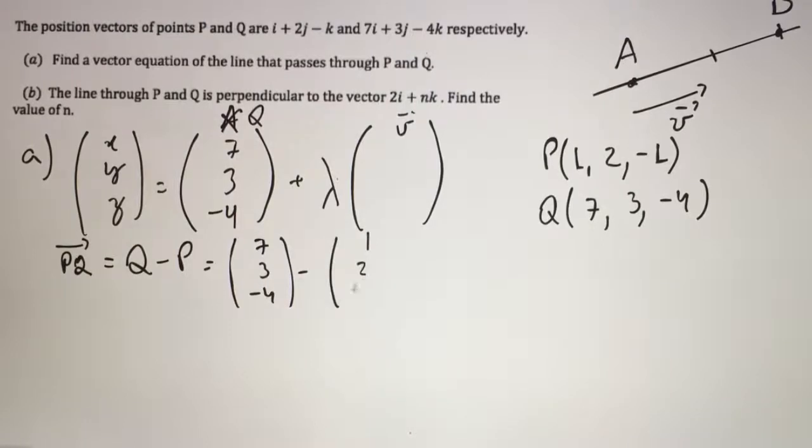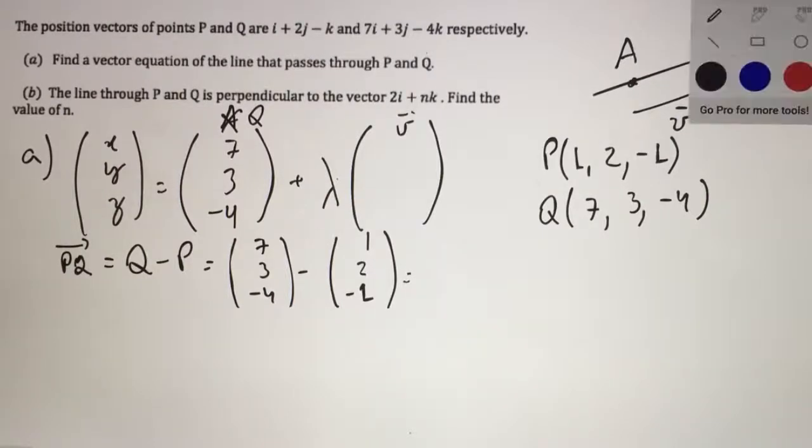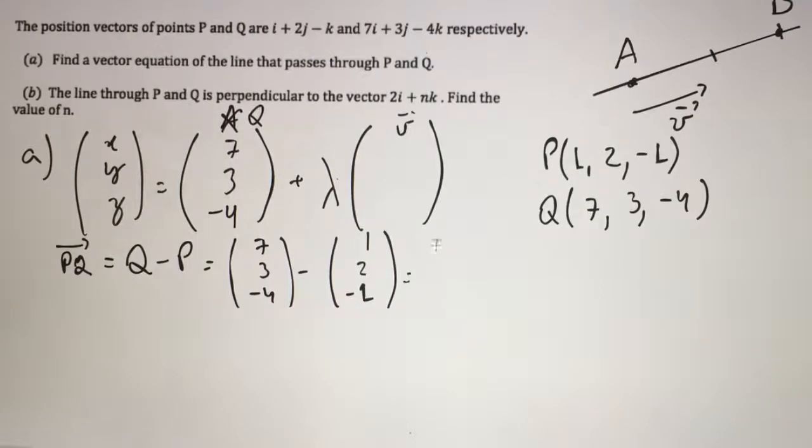P is 1, 2, -1. 7 minus 1 is 6. 3 minus 2 is 1. -4 minus -1, it's -4 plus 1, that's -3. So this is the vector that gives a direction, or any multiple of this vector could be used as the vector that gives this line direction. So that'd be 6, 1, -3. So this is the vector equation of the line.